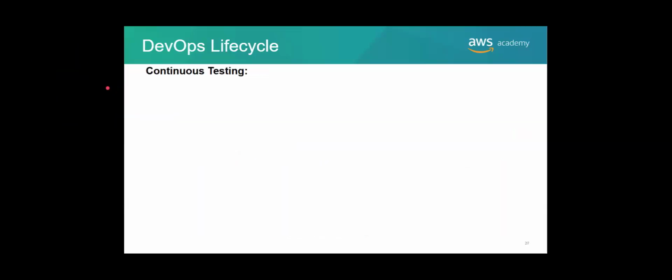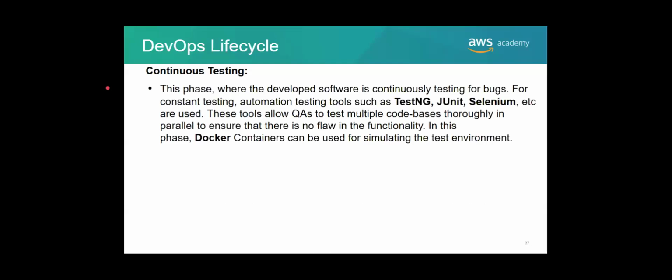Next phase is your testing phase. As the name itself says, continuous testing. Here you can take the support of automation tools such as TestNG, JUnit, or Selenium. Mainly this allows the QAs, the quality assurance analysts, to test multiple code bases thoroughly in parallel to ensure that there is no flaw in the functionality.